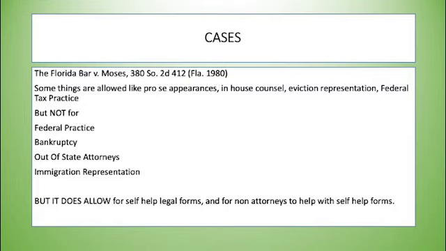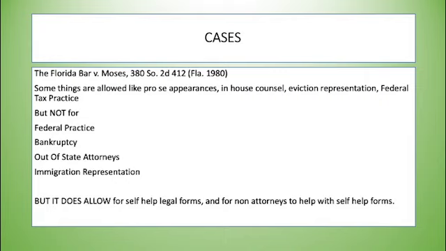This case created a lot of different exceptions. For instance, saying that in-house counsel, eviction representation, pro se appearances, and federal tax practice would all be excepted from being treated under the UPL laws in Florida.